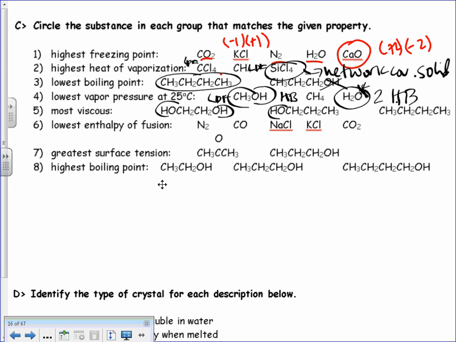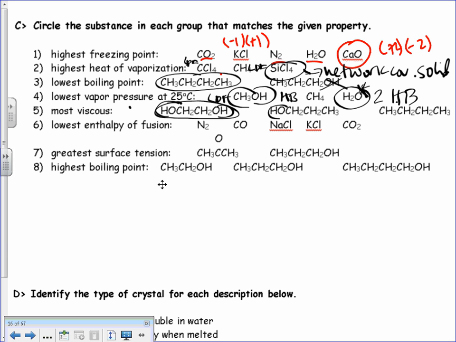This one does not hydrogen bond. So two alcohol groups create bigger viscosity, more hydrogen bonding. That's 1,2-ethanediol, because there are two alcohol groups. So you have to name each carbon.